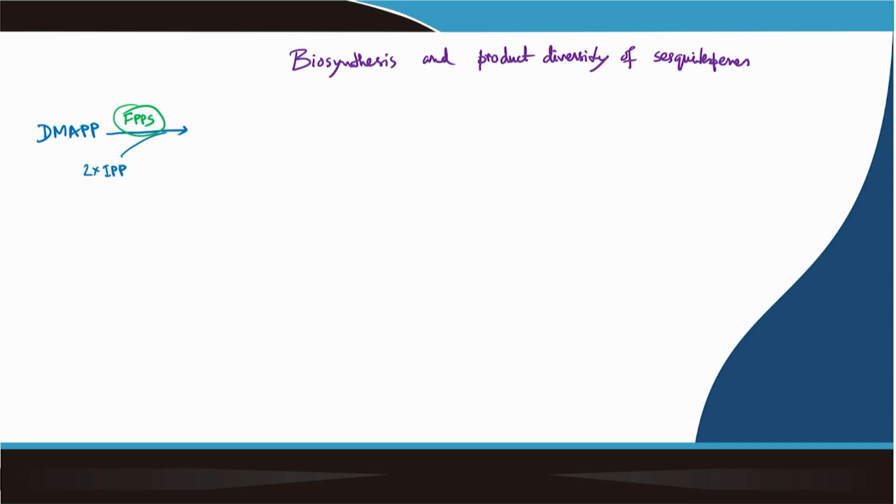So, that means DMAPP is C5 and 2 IPP means 2 into C5. So, total 15 carbons, leading to the formation of this FPP skeleton, which will act as the substrate for sesquiterpene synthase.